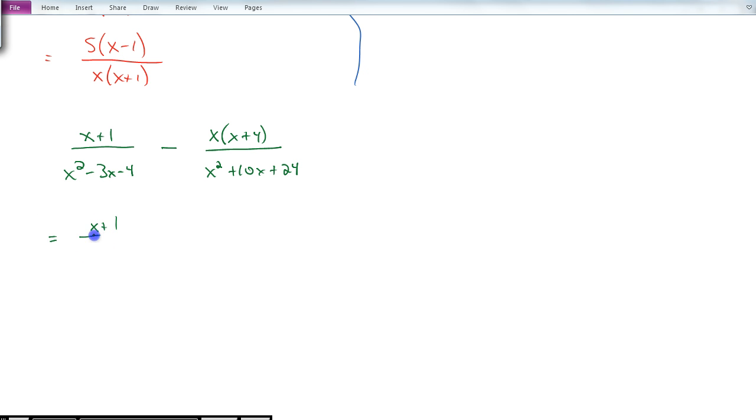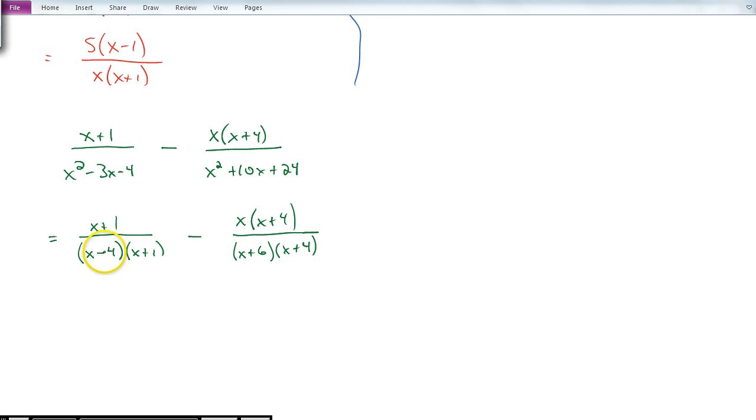X plus 1 over, now the denominator factors, I believe, into x minus 4 times x plus 1, minus x times x plus 4 over, this one I believe factors into x plus 6 times x plus 4.